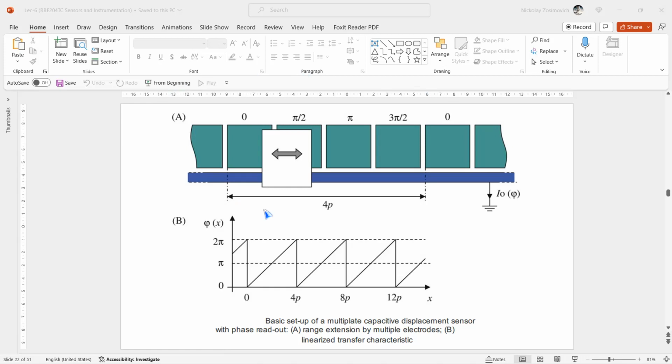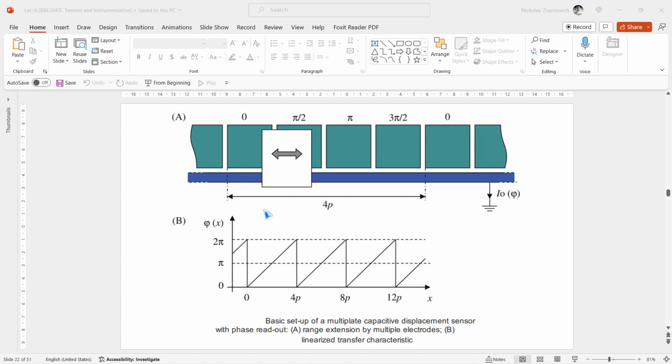The fixed electrodes in the array are connected to sine wave voltages with phase differences of pi/2. Remember, only sine and cosine have the same phase difference.